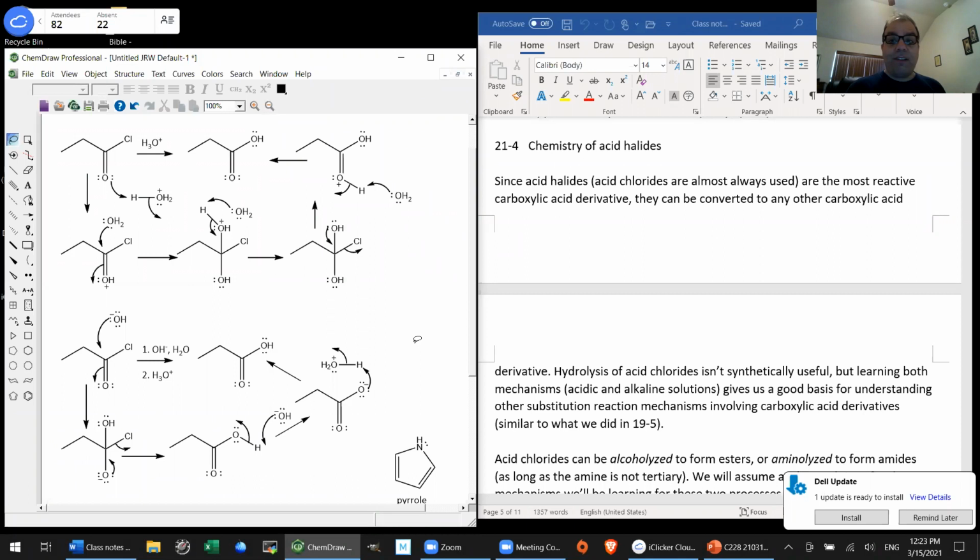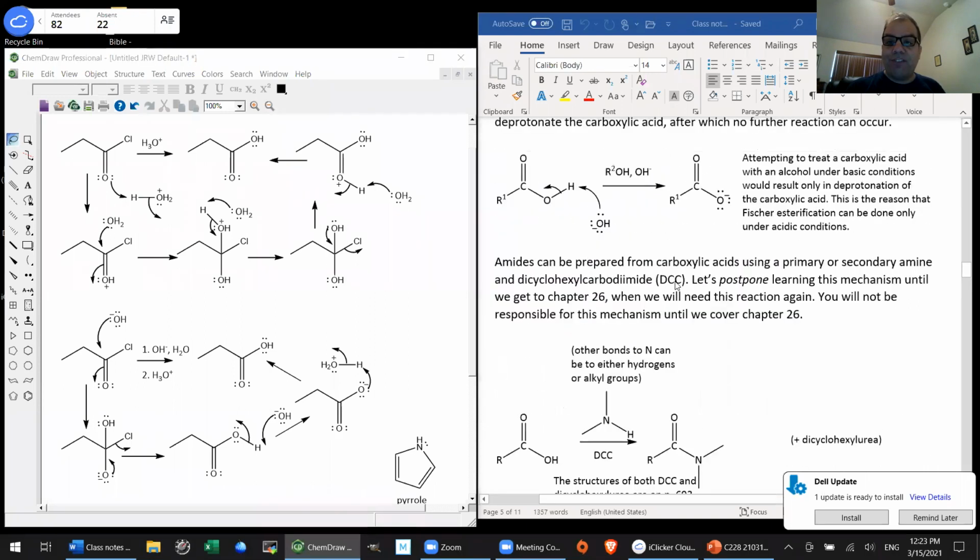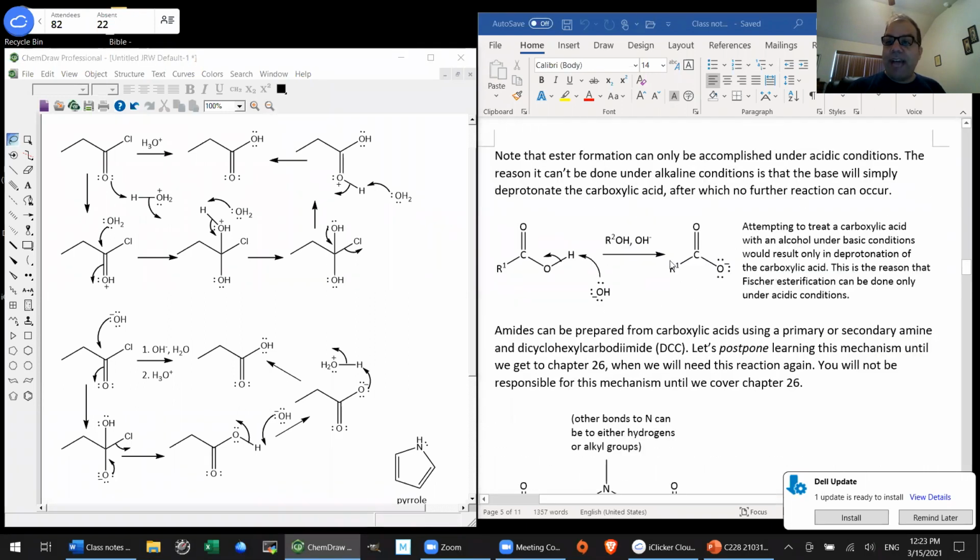Now, not all types of reactions can occur under both sets of circumstances. We've already covered, for instance, Fischer esterification. That was in the last class, where we said that that can only occur under acidic conditions, will not occur under alkaline conditions. And I don't want you just memorizing that sentence. We went over that idea, and I expect you guys to understand why we covered that here in class and in your class notes.